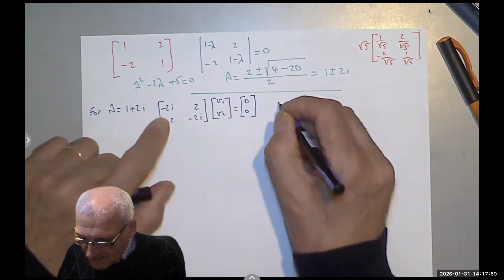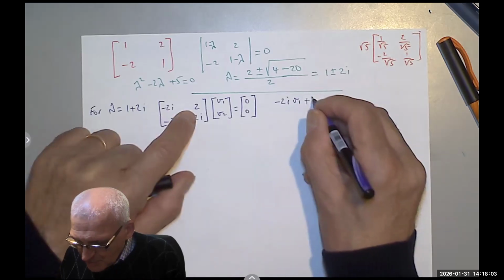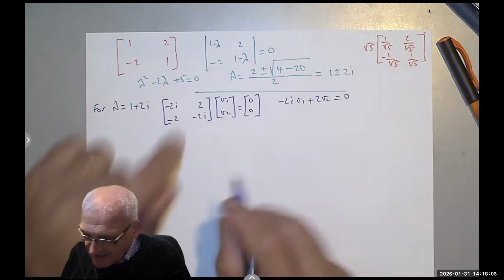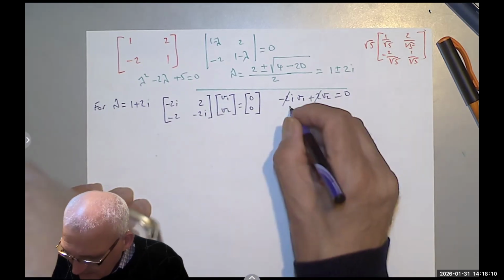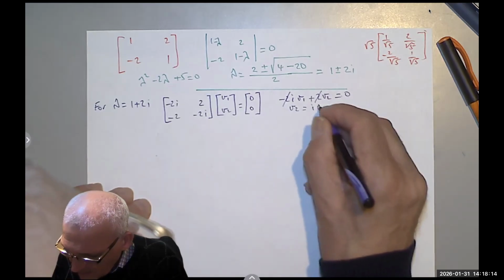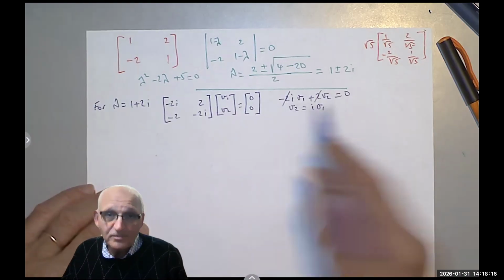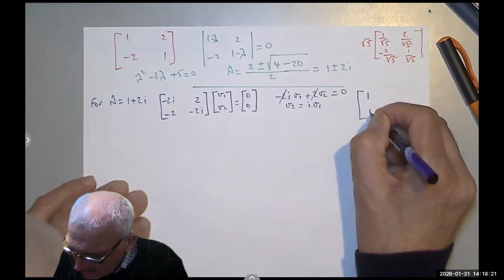So I get negative 2i v1 plus 2v2 equals 0. I divide by 2, move the v1 to the other side, so I get v2 equals i v1, right? Because both would be positive. So basically I have 1 and i.